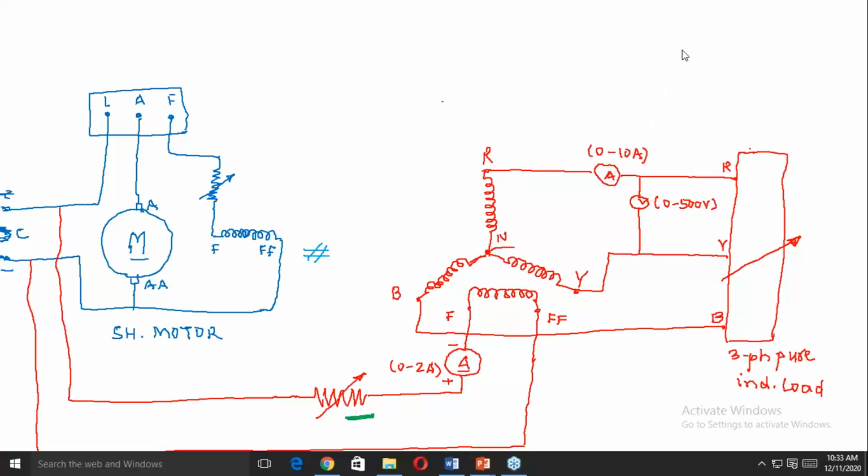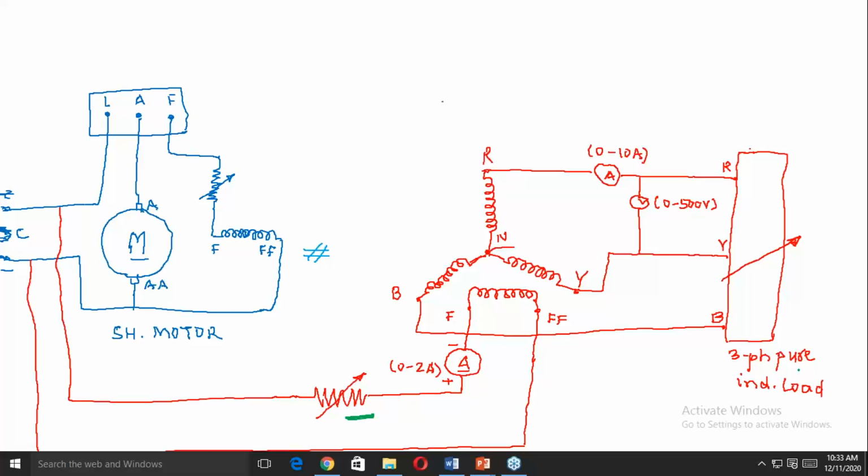Now you answer my question. The questions are very basic. I am asking, just try to understand which type of load is connected on the generator.